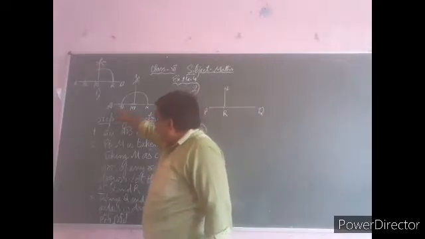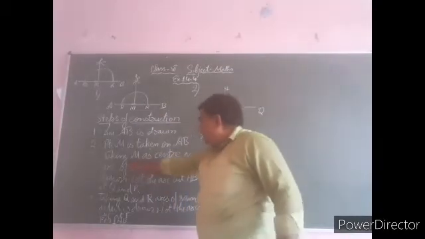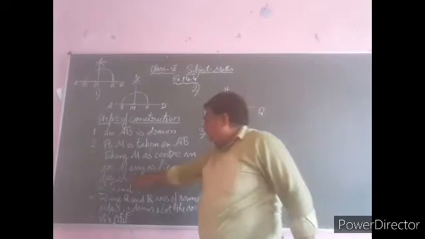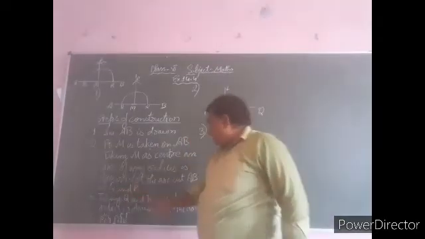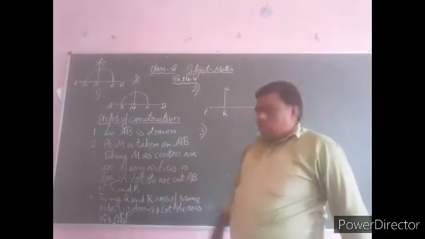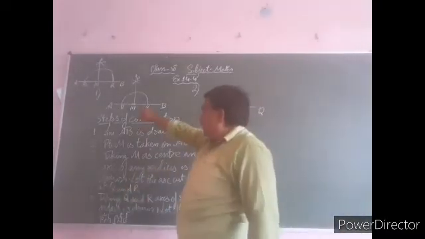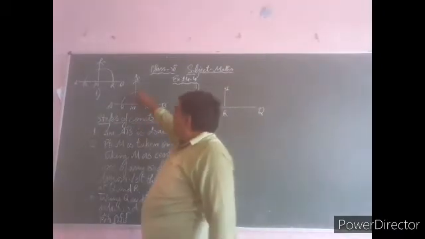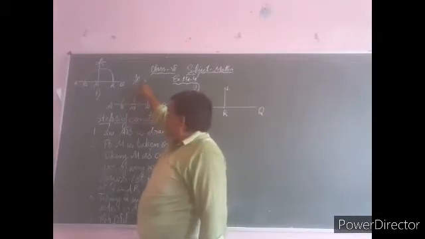Let them intersect AB at Q and R. Step number 4, taking Q and R as the centers, arcs of the same radius are drawn.